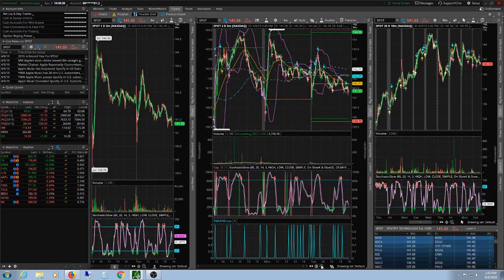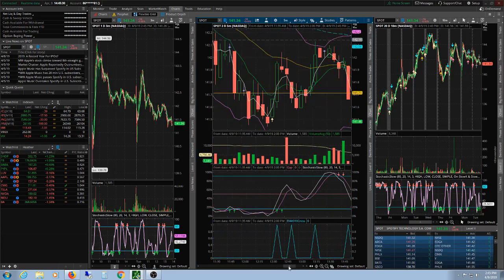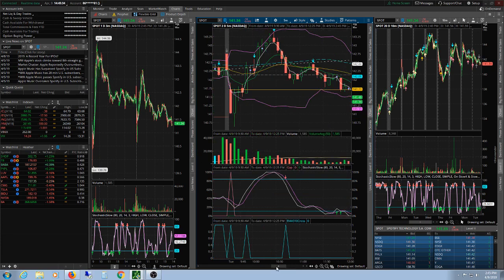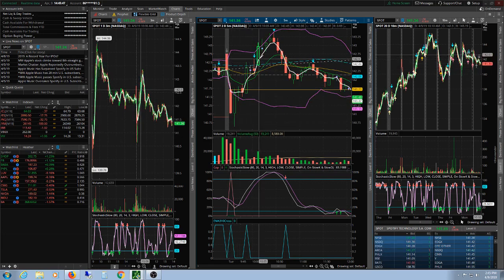Spotify. This is the last one on my watch list. So Spot. This is 4 o'clock yesterday actually, so it doesn't really trade overnight. After hours. Right here, there's a doji and then a bearish engulfing.